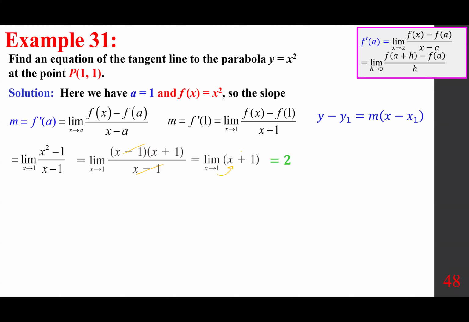y minus y1, that means y minus 1, happen to be 1, both of them, is m, which is 2, times x minus x1, that means x minus 1. Now you distribute, you get 2x minus 2, remove the negative 1, you get y equals 2x minus 1, and you're done.